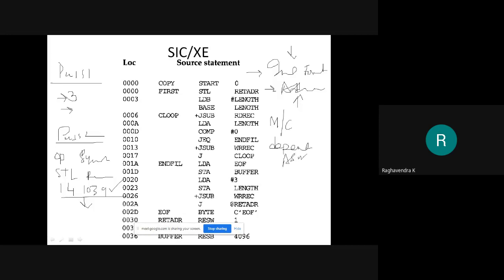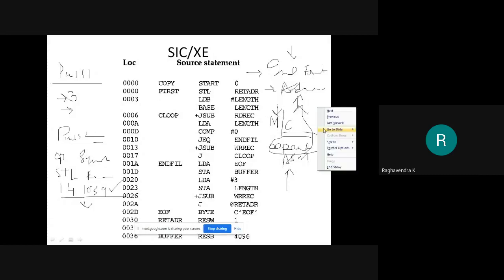Our assembler is changing its functionality because of the extra features present in SIC/XE. Because the machine supports it, we are changing our assembler accordingly. So that's why it is dependent on the machine features, and why we discuss this under machine dependent features of the assembler.